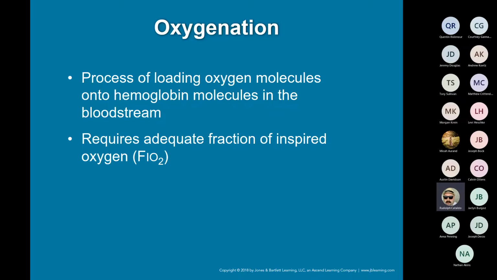Now, the problem with that is it doesn't measure the amount that's saturated with oxygen, it just measures the amount that is saturated. So somebody that has maybe hydrogen cyanide poisoning could show a pulse ox of 100%. That doesn't mean that's 100% oxygen. That just means that their hemoglobin is 100% saturated. So pulse ox can be kind of a liar, if you will.